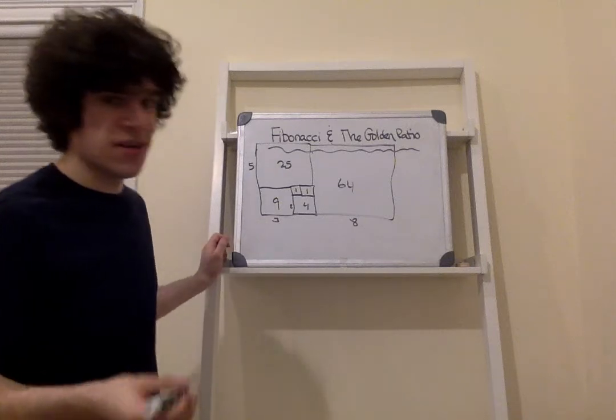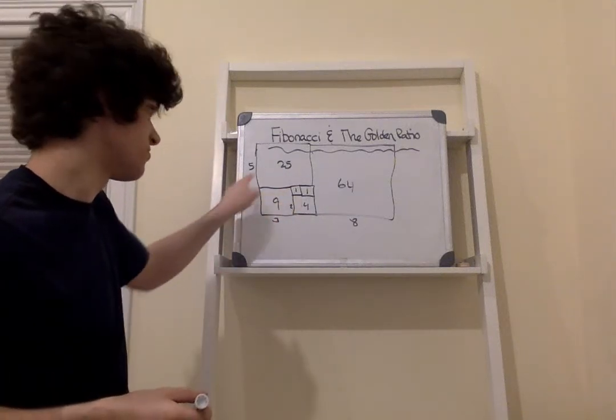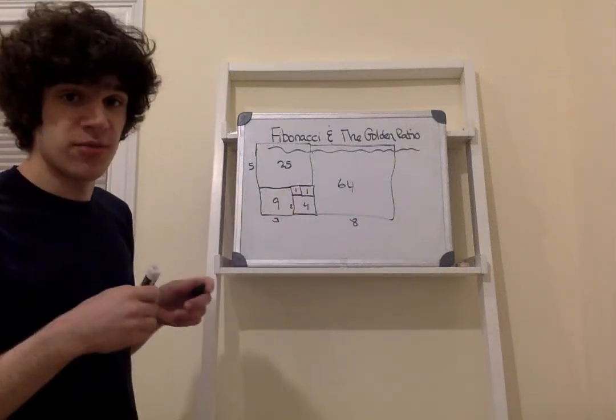You should see that the side lengths, 1, 1, 2, 3, 5, 8, those are the Fibonacci numbers.